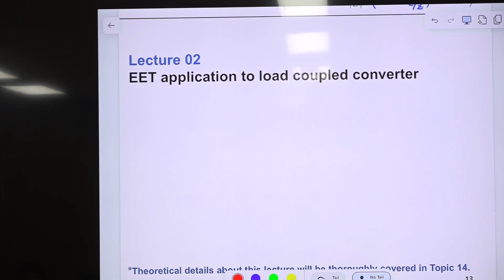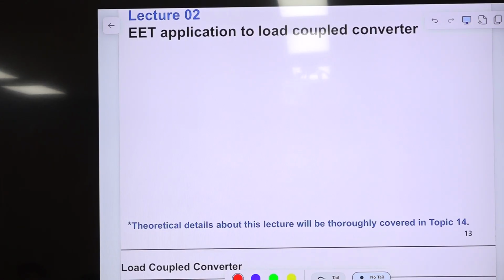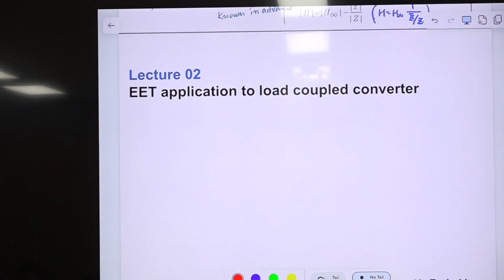Okay, but still this is some introduction, and another topic will come later. So in topic 14, the full details, complete details about the dynamics, stability, and design of the load coupled converter will be covered.